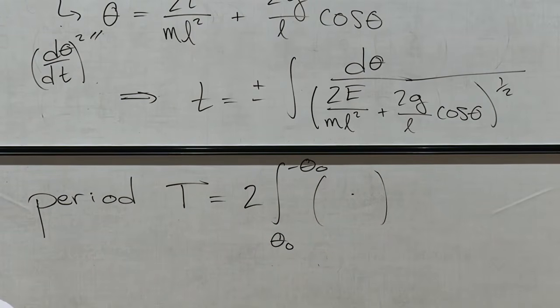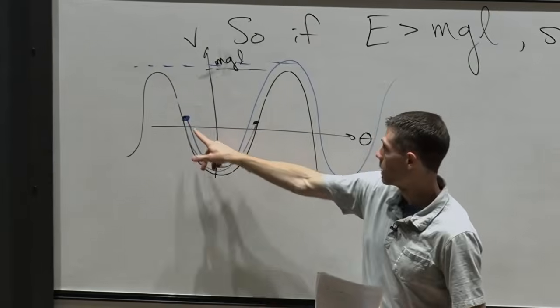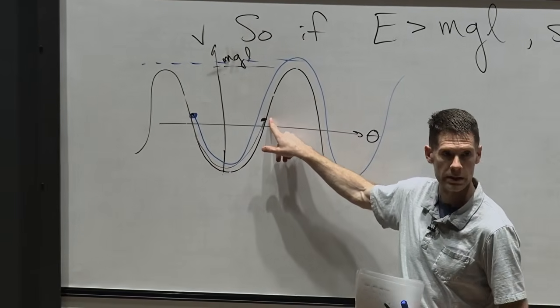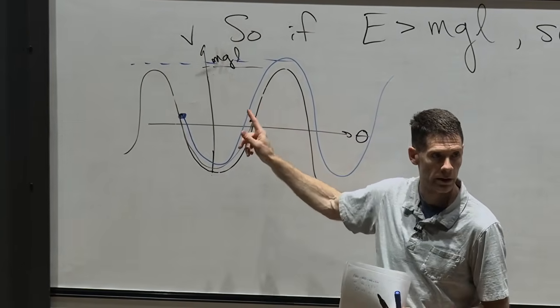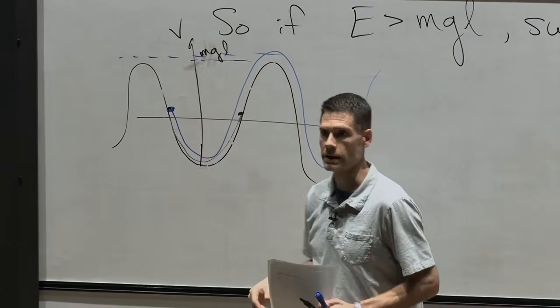Or I can use the symmetry even further, which is to say that because this thing is perfectly symmetric about theta equals 0, however long it takes me to get to 0, it's going to take me the same amount of time to get to theta naught. And you can argue on the symmetry of V and what theta dot is doing there.